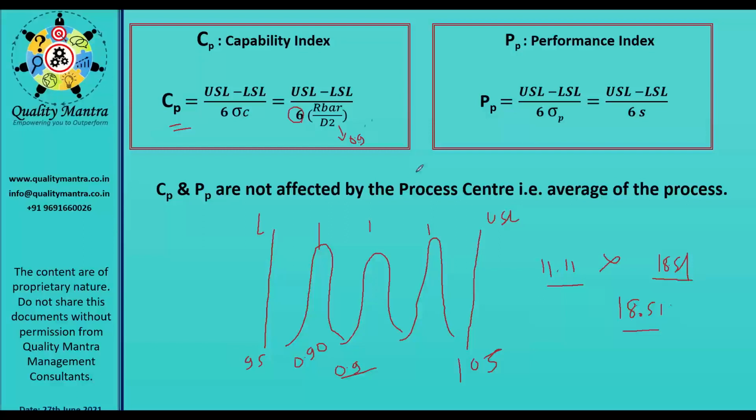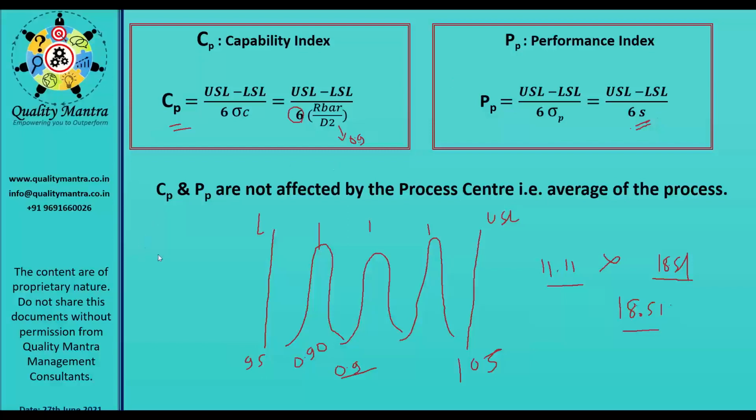Okay. So you have R bar by D2, this value, and you will get the CP value from this. But when you calculate the performance, you need the estimated standard deviation, using the formula STDEV.S. I hope you people have written down these formulas.